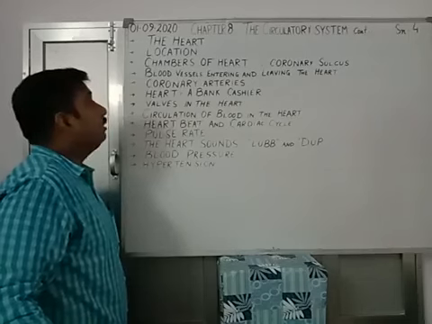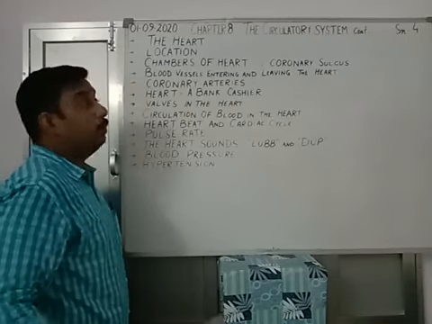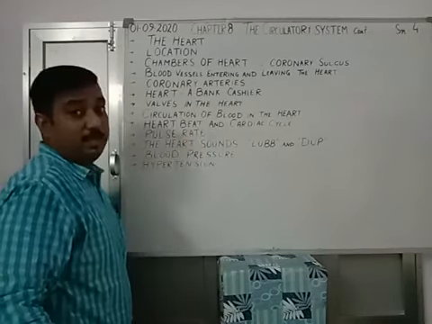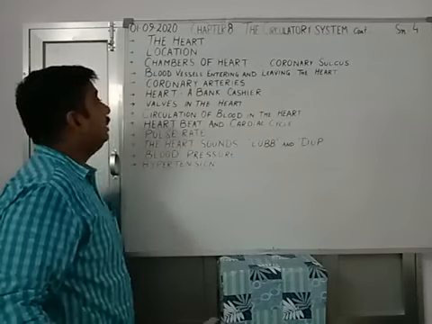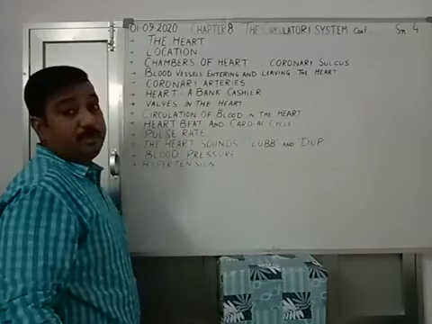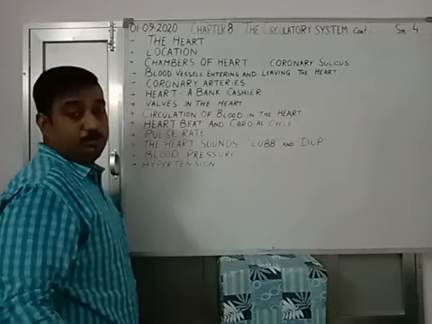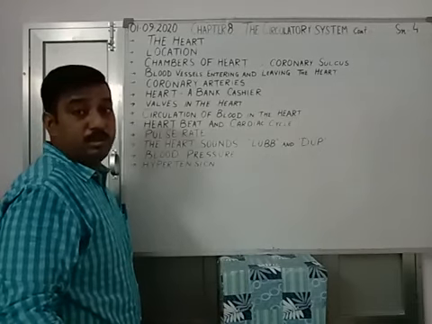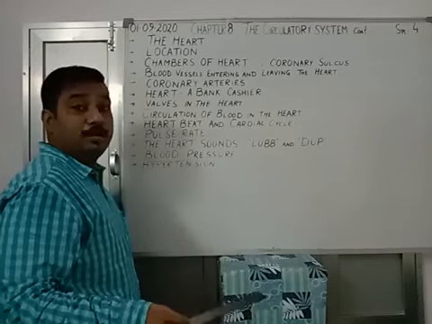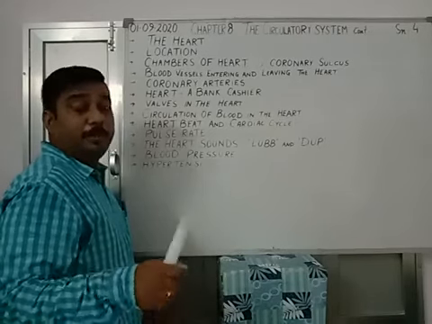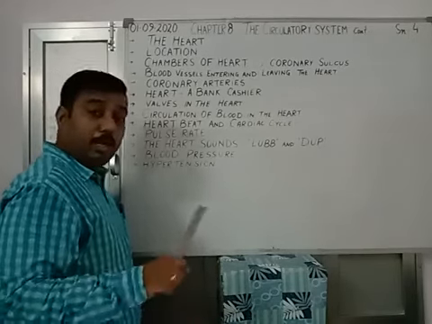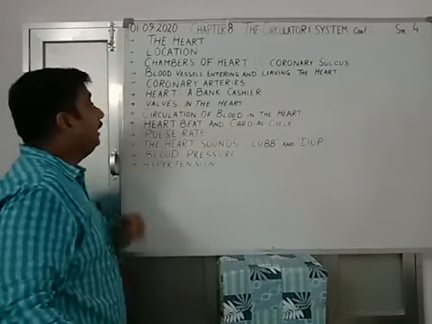One thing you need to keep in mind: wherever you get the word coronary, it means it is related to the heart. So coronary arteries are the arteries related to the heart. Usually arteries carry oxygenated blood, so these arteries supply oxygenated blood to the heart. So that we will be understanding.